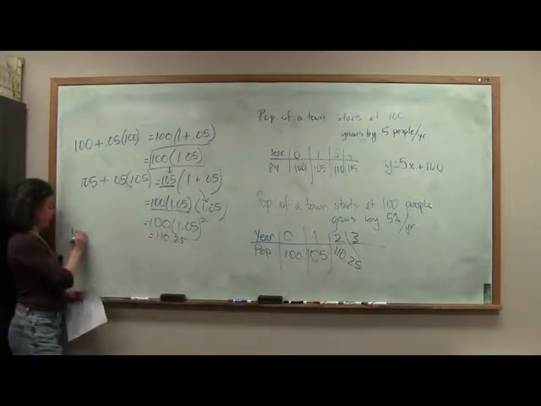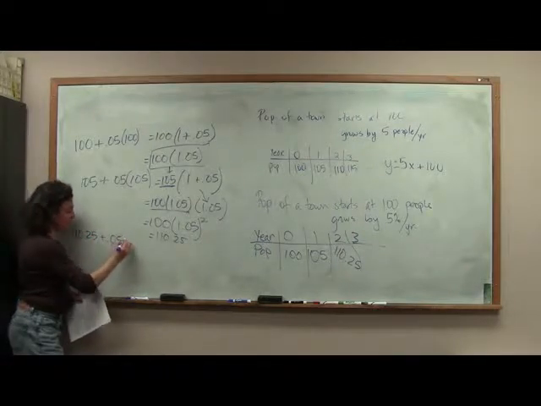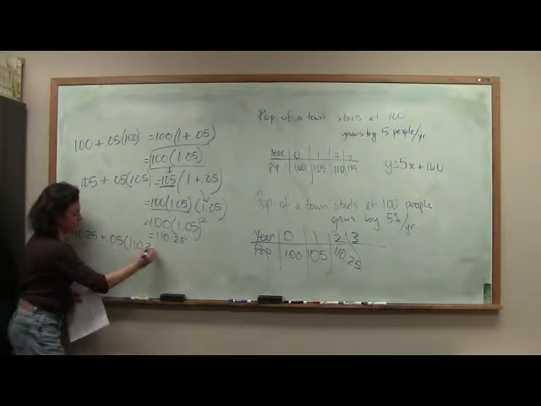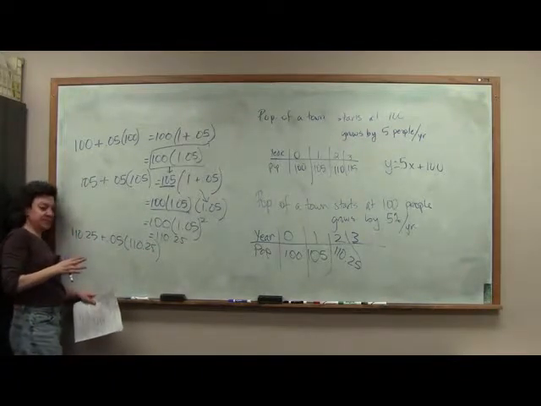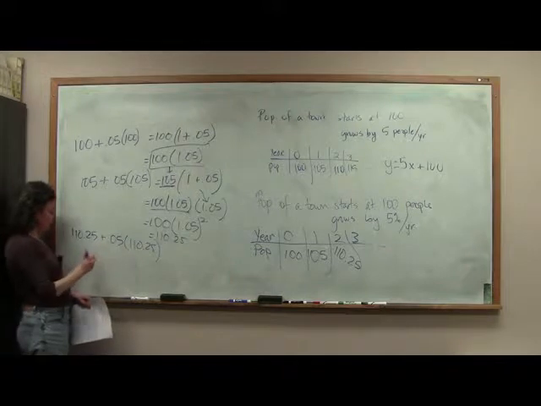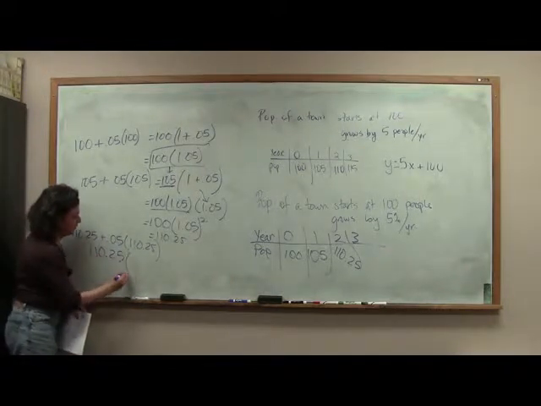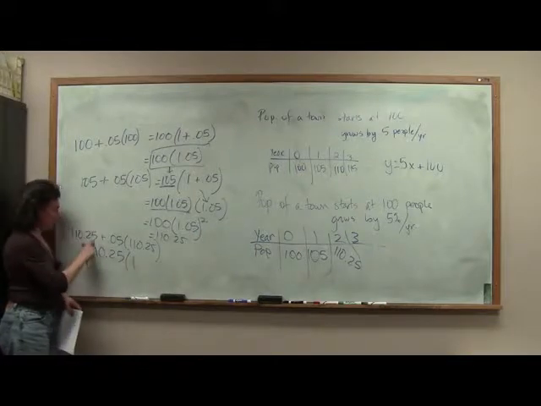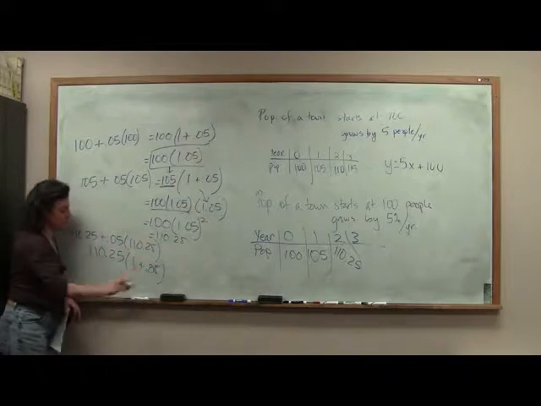I would take this 110.25 and I would add on 5% of that. Okay? Now, I'm going to do the same funky thing. I'm going to factor out 110.25. And, again, I'll be left with a 1 in my first term and a 0.05 in my second term.